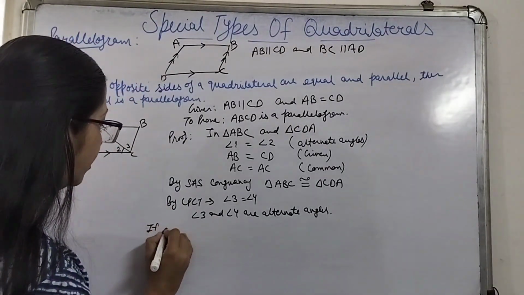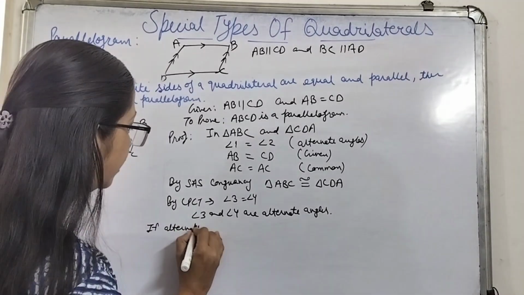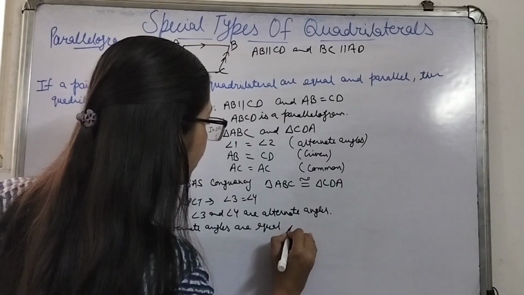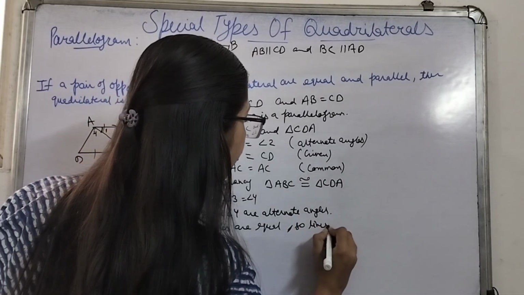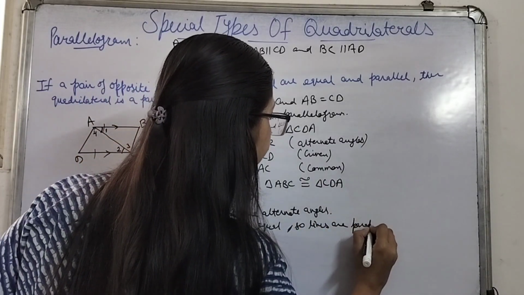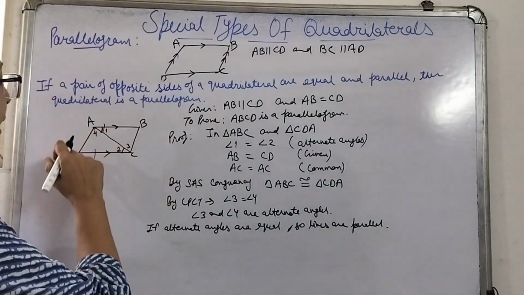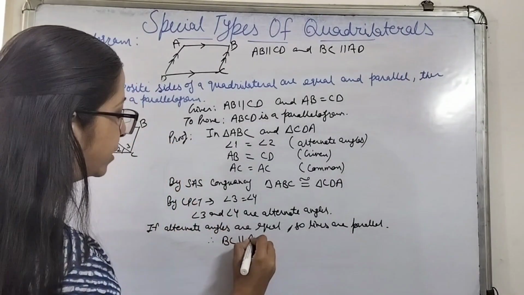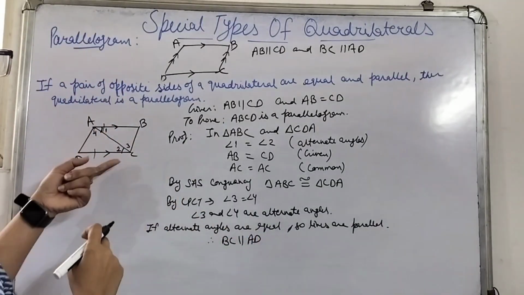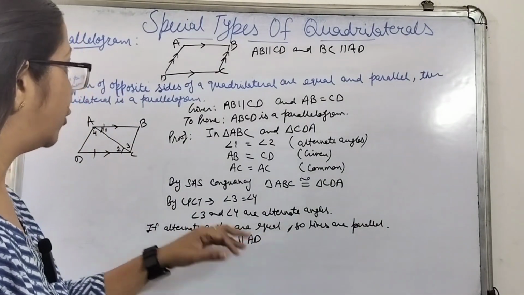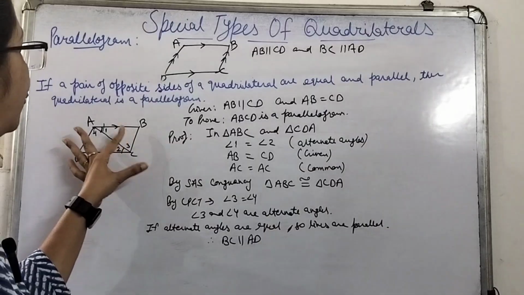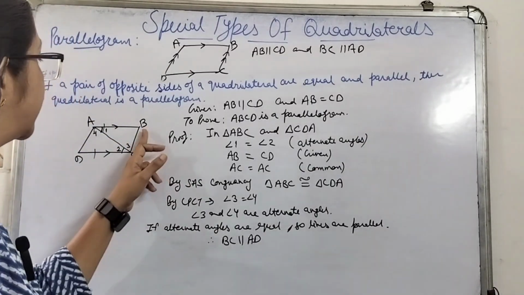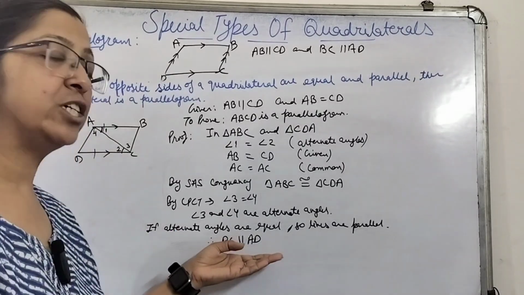That means BC will be parallel to AD. Already AB was parallel to CD, it was given to us, and just now we have proved that the second pair of opposite sides is also parallel. BC is parallel to AD.